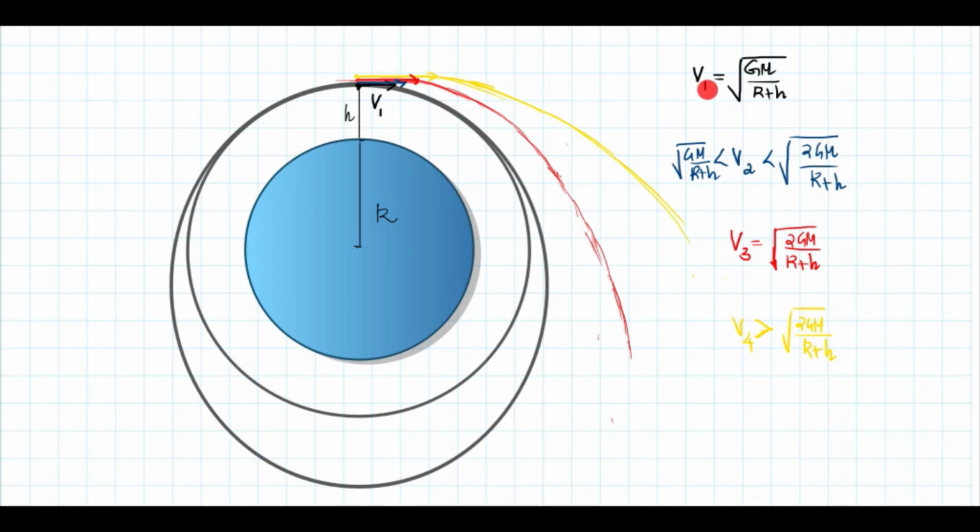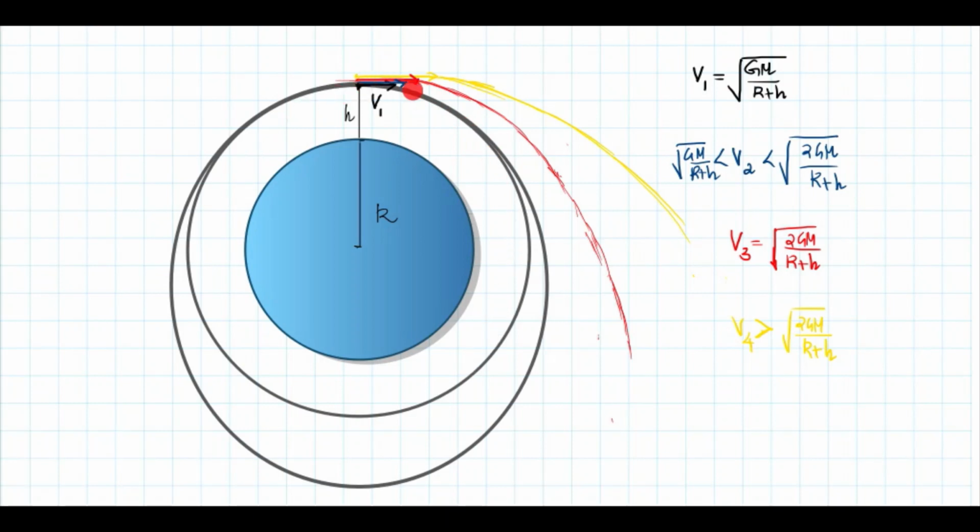If the velocity v1, this black line, is low, equal to the square root of GM by R plus h, where M is the mass of Earth, R is the radius of Earth, h is this height from the surface of Earth, and G is the gravitational constant, then the orbit will be a circle.